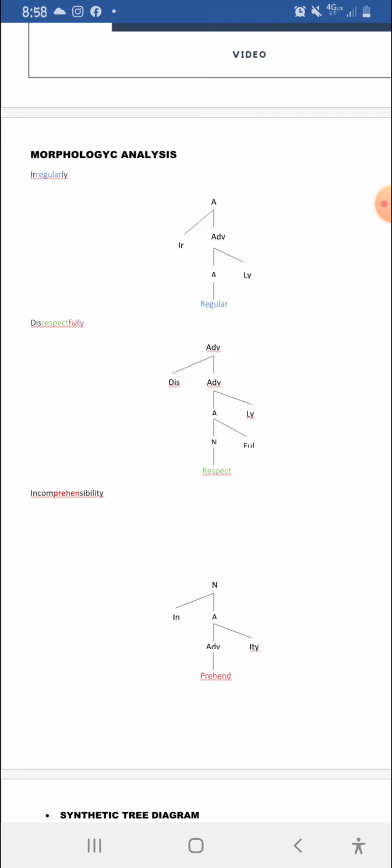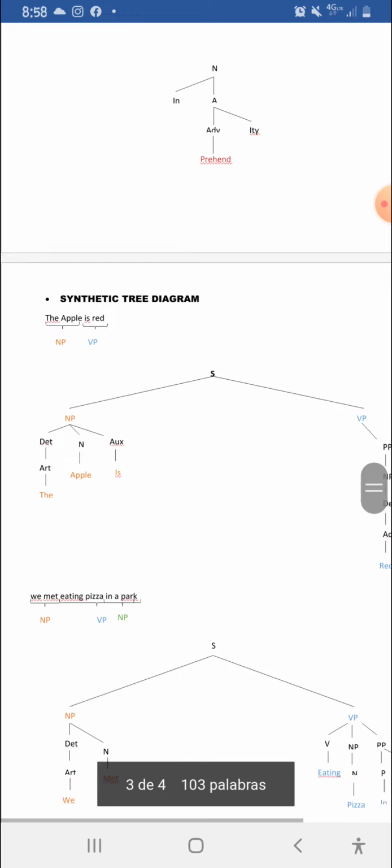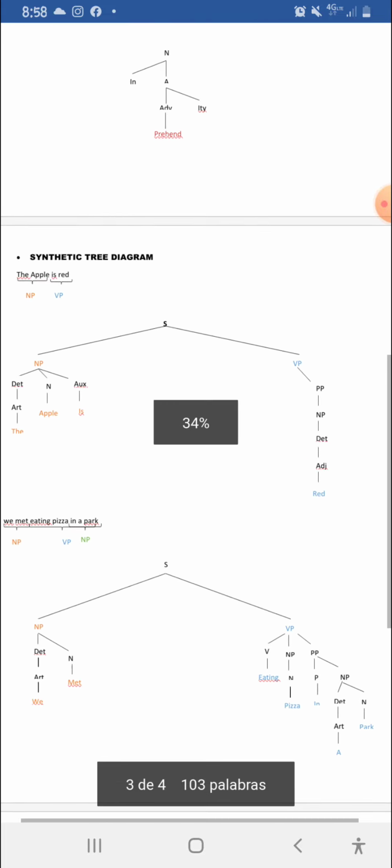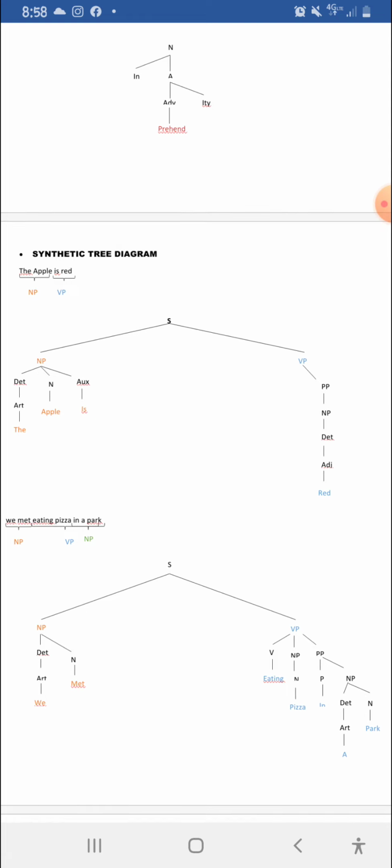For example, the apple is a noun phrase. We add two lines, the first for the first word that is the. We range the analysis of the word by putting that a noun phrase. It is made up of a determiner, an article, and that takes us to the first word that is the.